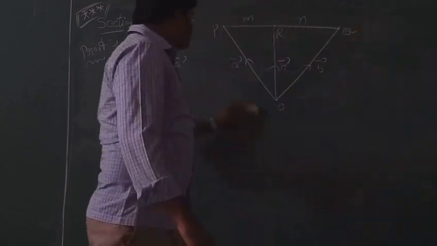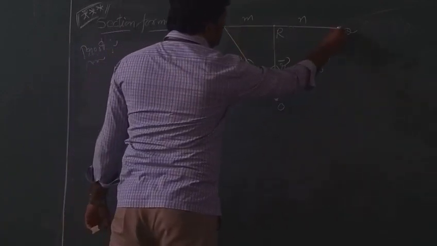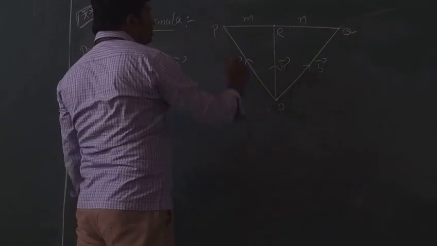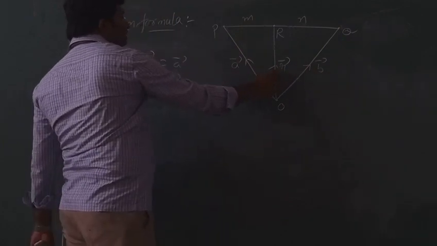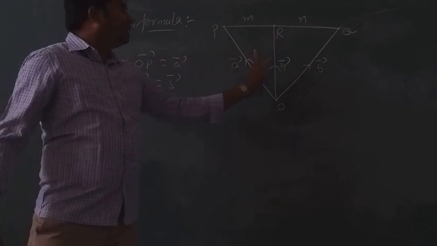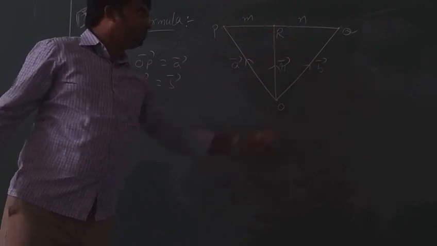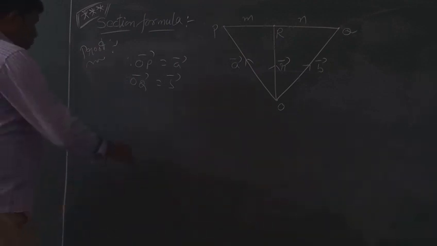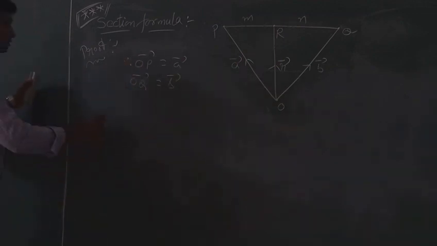This is the point R, one end of the segment is P and the other end is Q. With the position vectors OP as A bar, OQ as B bar, and OR as R bar, the position vector of the point R. This R divides the segment PQ in the ratio M is to N, M parts is to N parts.